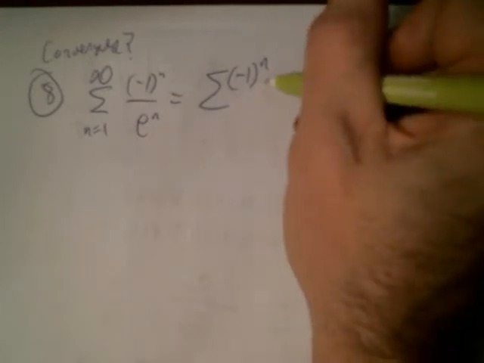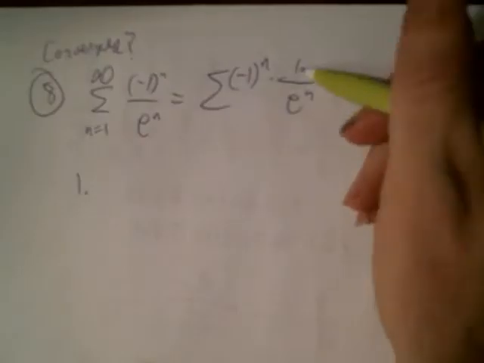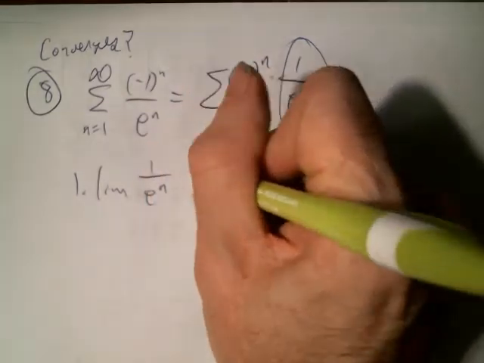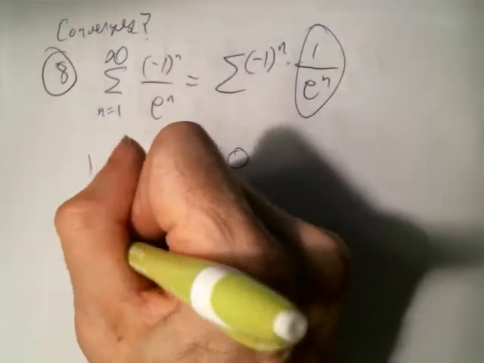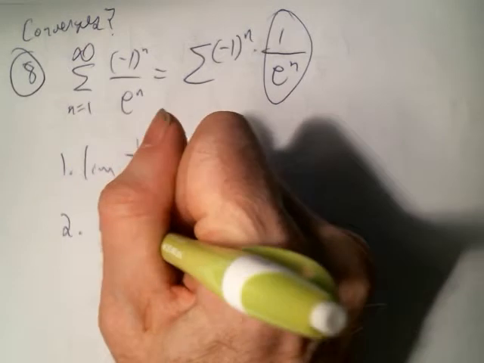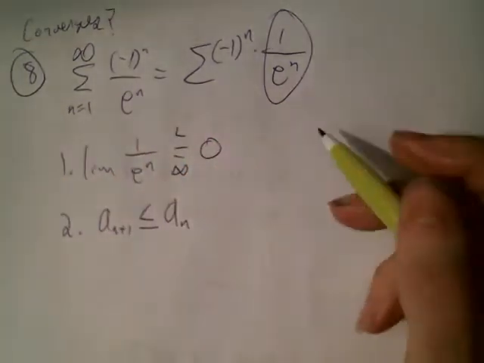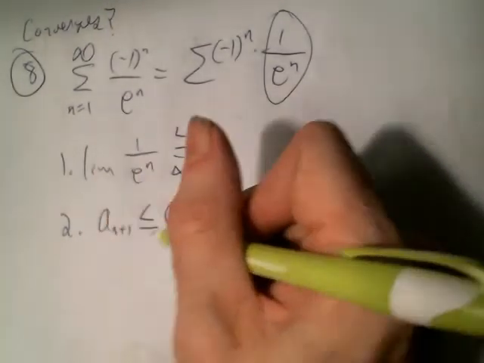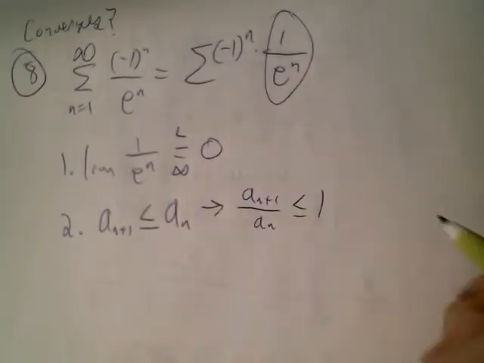Okay. So I got -1 to the n times 1 all over e to the n. So first I need to show the limit of this thing is 0. So the limit of 1 all over e to the n, that's obviously 0. It's 1 over infinity type, so that'll be 0. Secondly, then I want to show the terms a sub n plus 1 are decreasing, right? I need this to be less than or equal to a sub n. And in this case, you could prove that a sub n plus 1 over a sub n is less than or equal to 1.